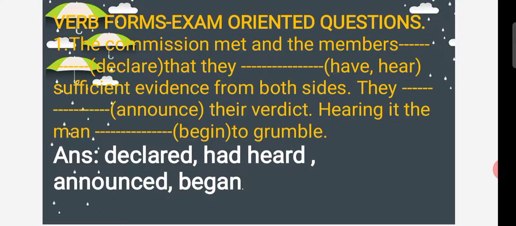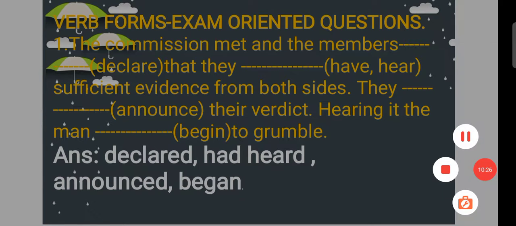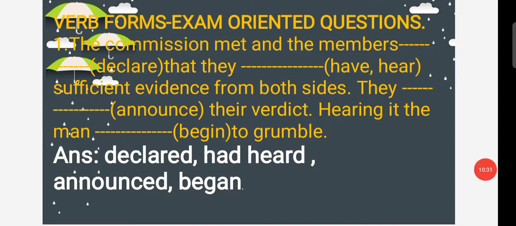So the commission met and the members declared that they have here is there. Since this had taken place in the past, past tense of have is had, past tense of hear is heard, so they had heard sufficient evidence from both sides. They announce, no helping verb is given, so they announced their verdict.